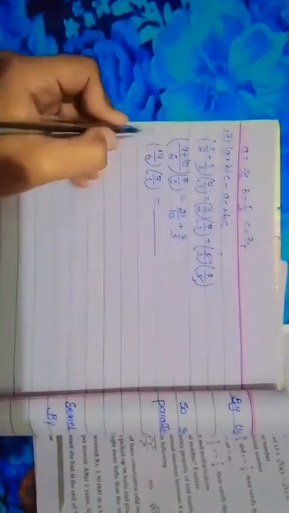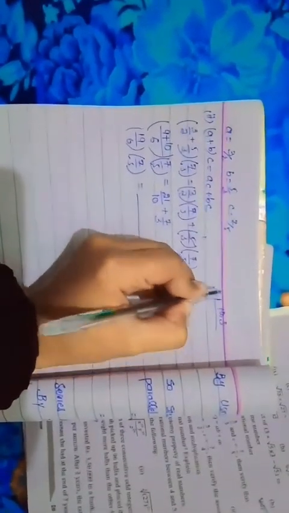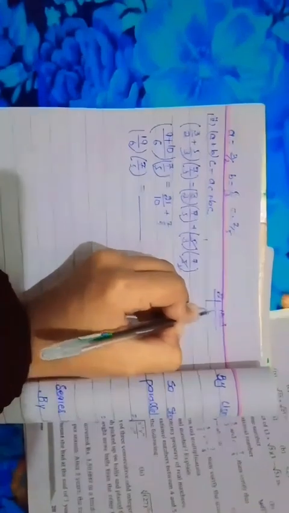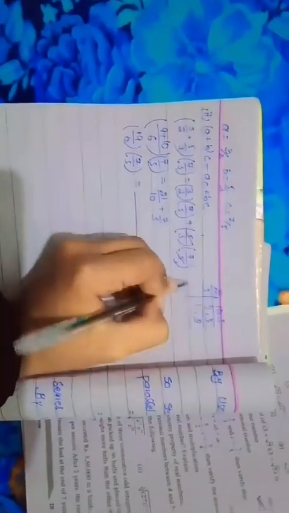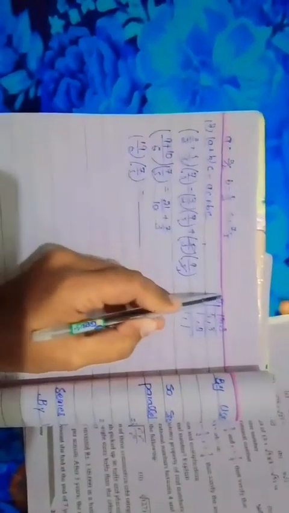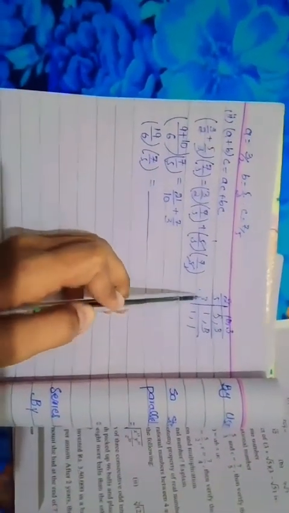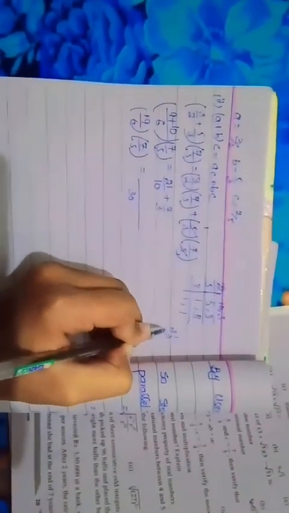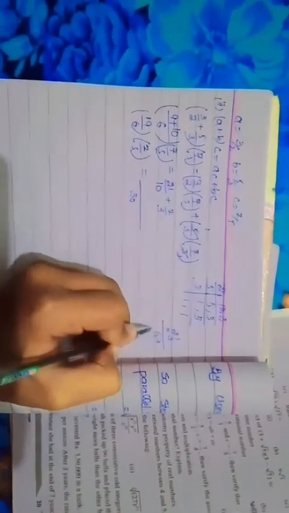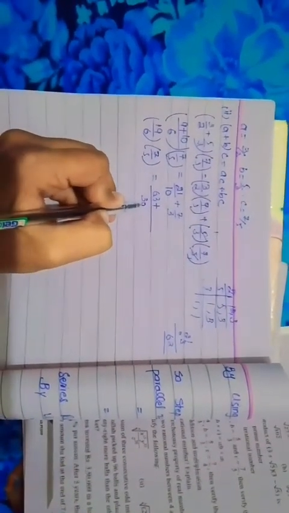Its LCM will be 30. 5 twos are 10 and 10 threes are 30. 3 twos are 6, plus 3 tens are 30.